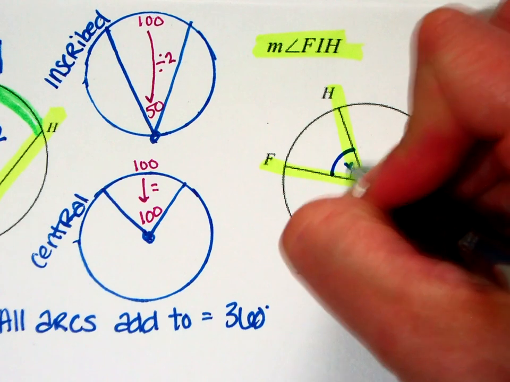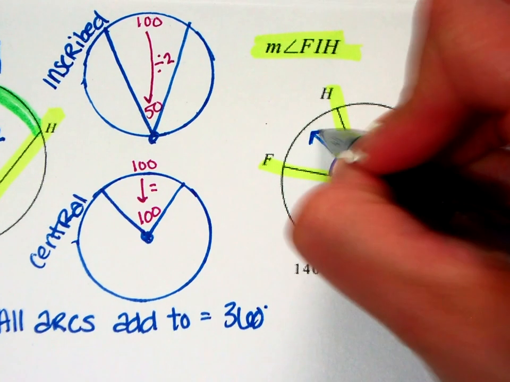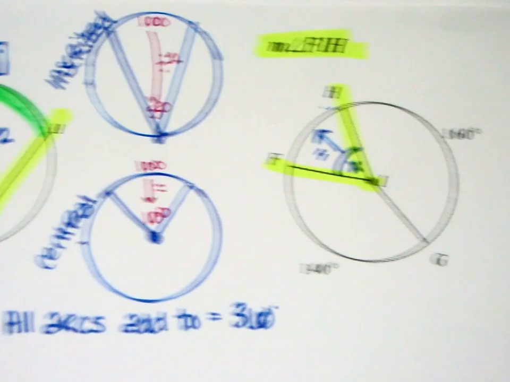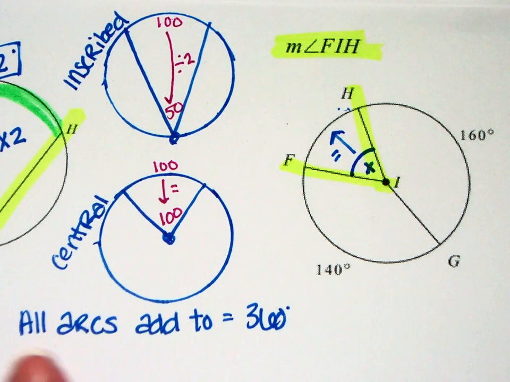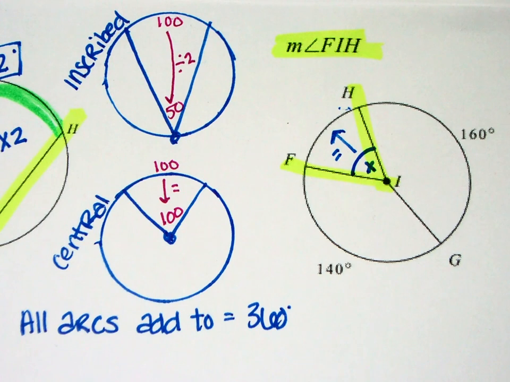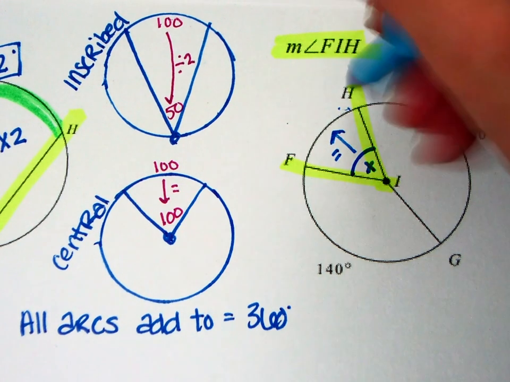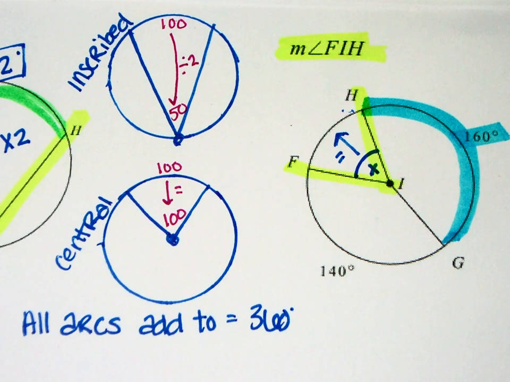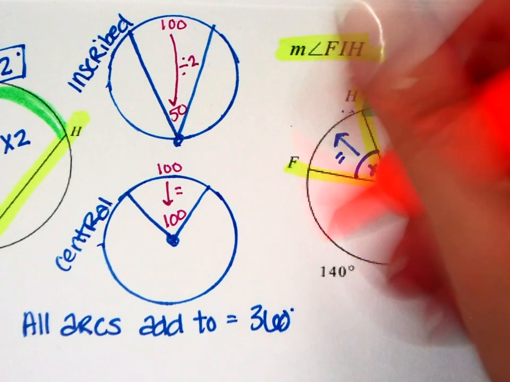What that means is I need to know what this piece is. Using our knowledge that all arcs add up to 360, I'm going to utilize the 160 and 140. I know that this distance is 160, and this distance is 140.